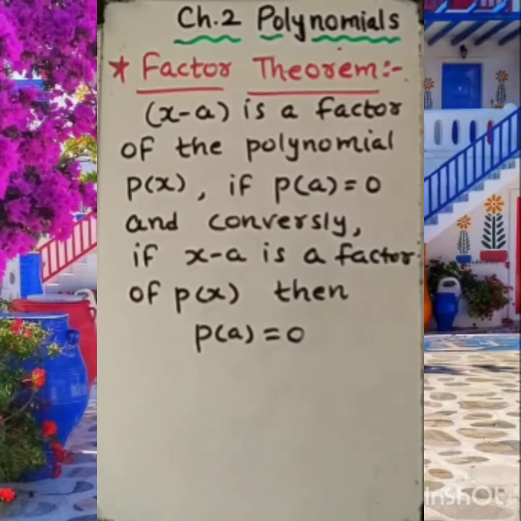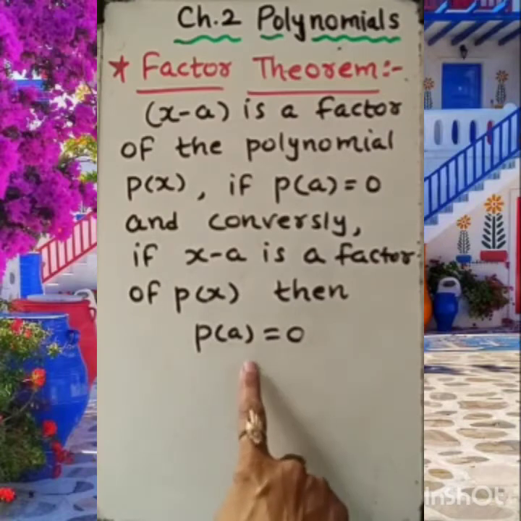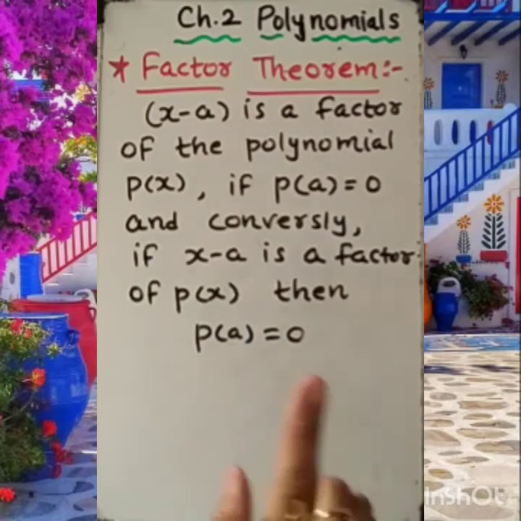Simple. This is called the factor theorem. x minus a is a factor of the polynomial and p(a) equal to 0, and if x minus a is a factor of p(x), then in such a condition we can say p(a) equal to 0. This is the statement for the factor theorem.